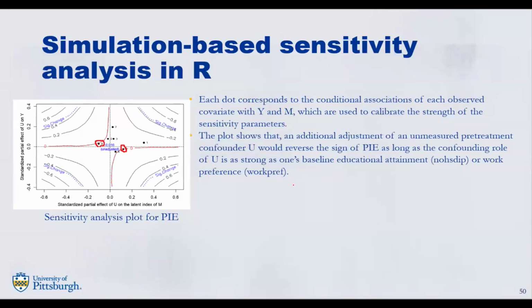As you can see, if an unmeasured confounder is comparable to either one of these two predetermined covariates, then the sign of PIE can be reversed. What does that mean? That means the results may be sensitive because an unmeasured confounder that is comparable to educational attainment or work preference can be easily found.